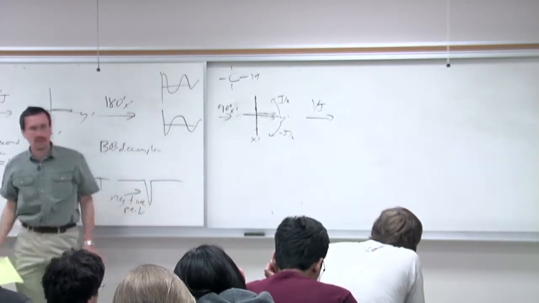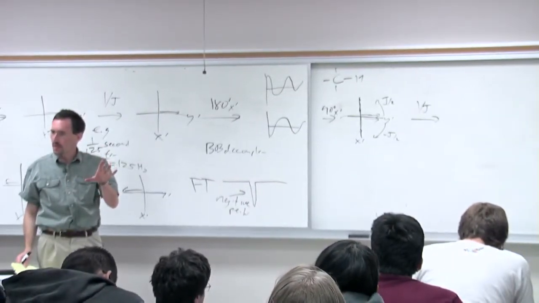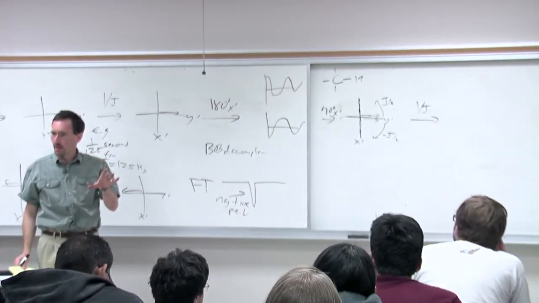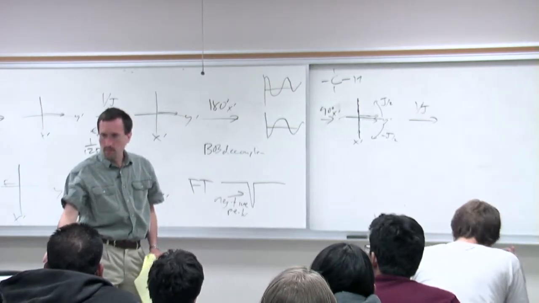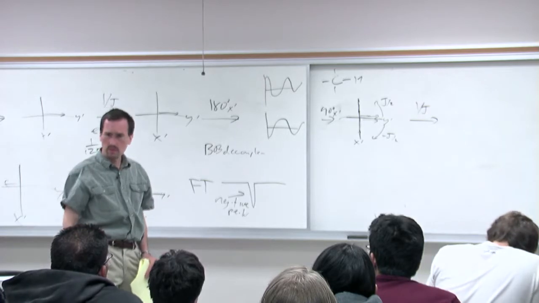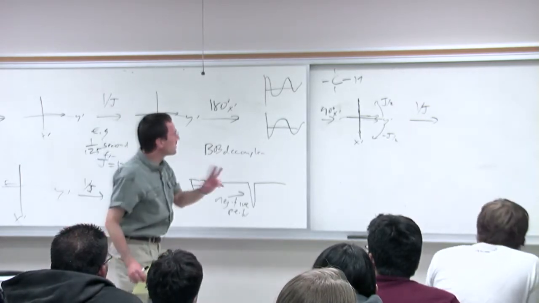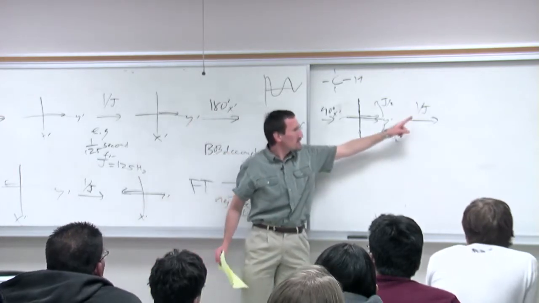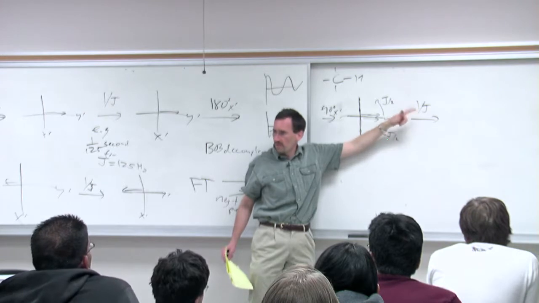So how do things look at this point after 1/J? 45 degrees. Everyone in agreement? So let's put this in concrete numbers. Let's say J is 125 hertz.